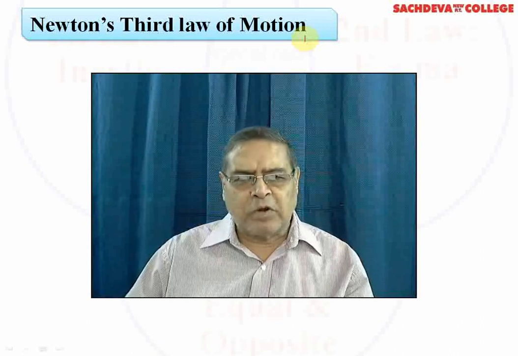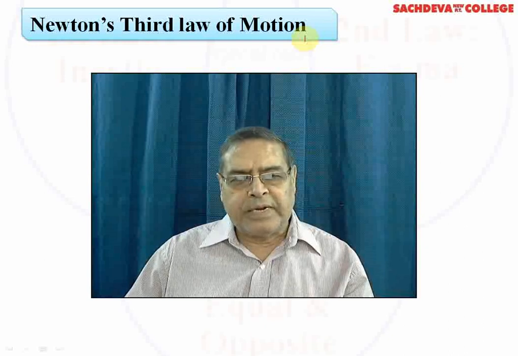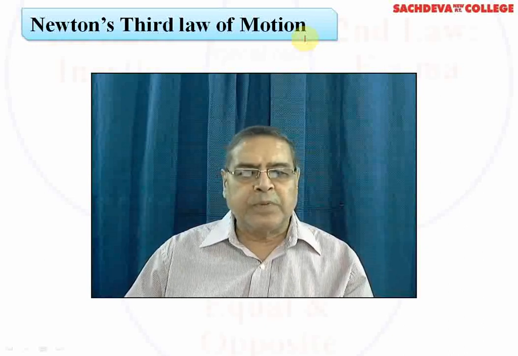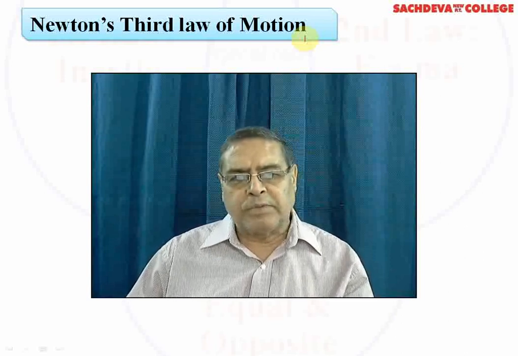that this is not followed by a ball which is descending. When the ball is dropped from a certain height, it strikes the ground and rises up, but it does not go to the same height. So we find that during collision, there is possibly some loss in energy, because the collision is not perfectly elastic, and that's why after striking the ground, the ball is not going exactly to the same height.